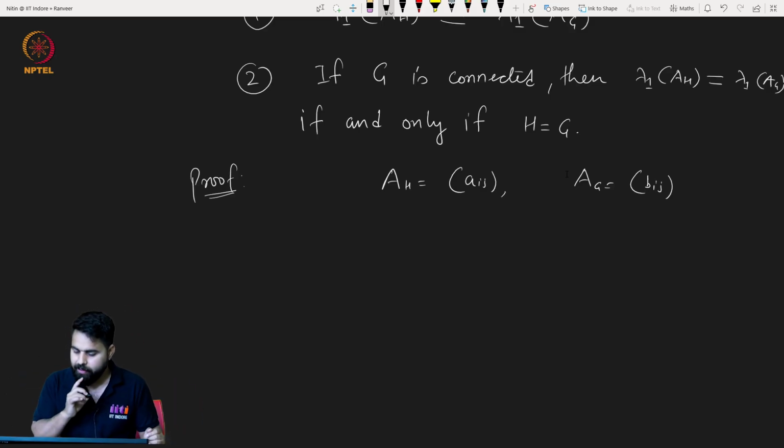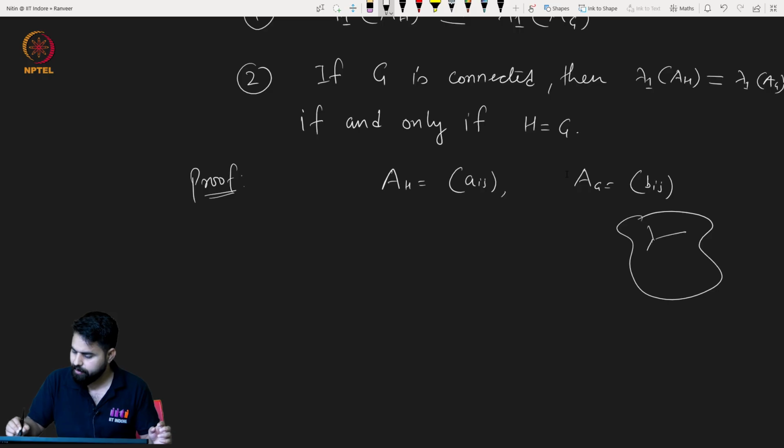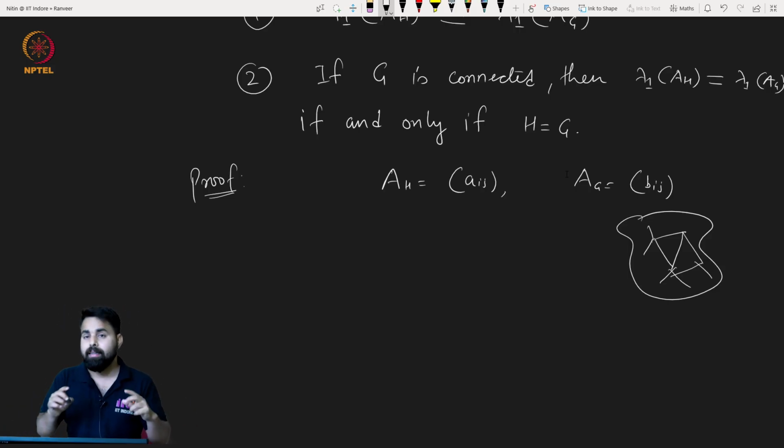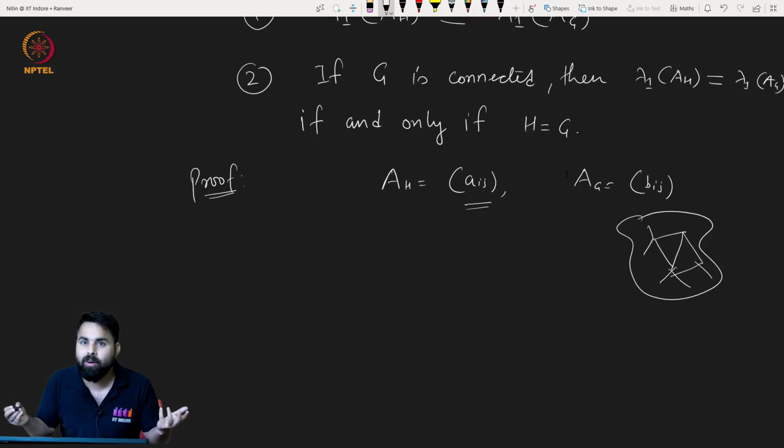Basically, suppose this is my graph, and out of those many edges I am picking some edges and some vertices. I told you that this might not be an induced subgraph. So there can be some entries where the corresponding b_ij will be 1, but a_ij may not be 1.